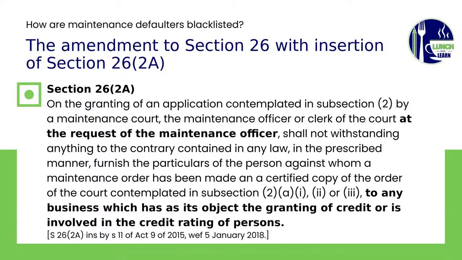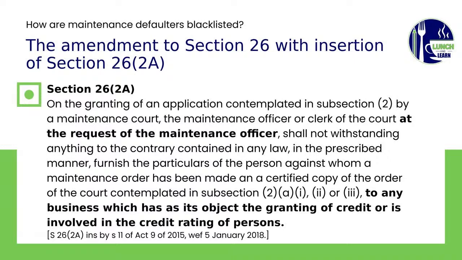This whole new section was brought in, and it reads: on the granting of an application contemplated in subsection 2 of a maintenance court, the maintenance officer or the clerk of the court, at the request of the maintenance officer, shall, notwithstanding anything to the contrary in law, in the prescribed manner and form, furnish the particulars of the person against whom a maintenance order has been made to any of the credit bureaus.